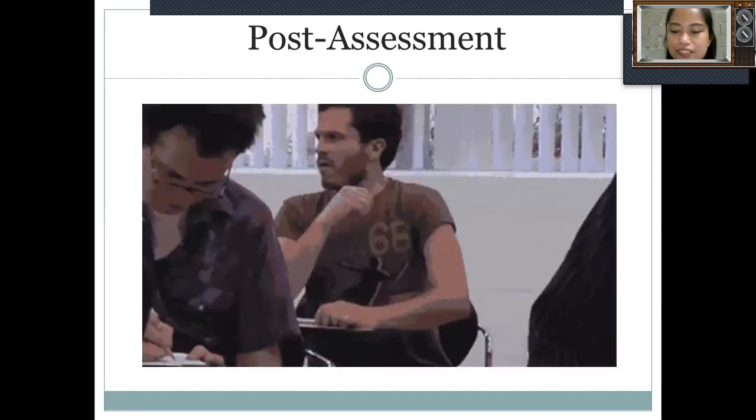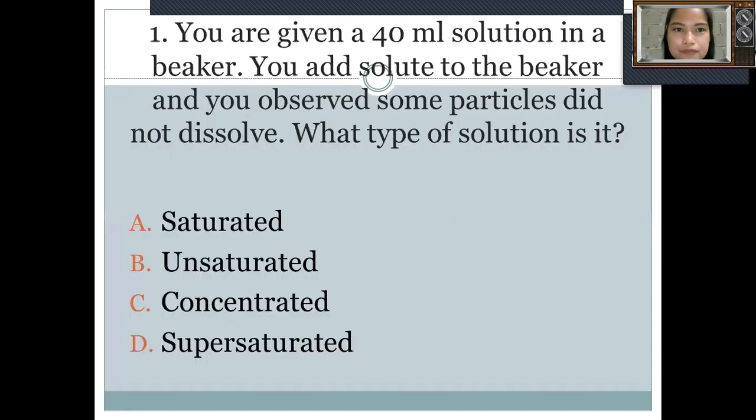So, first item, you are given a 40 ml solution in a beaker. You add solute to the beaker and you observe some particles did not dissolve.